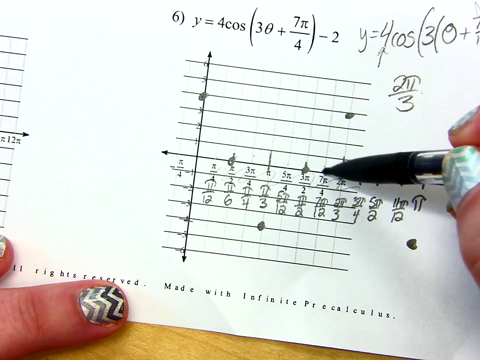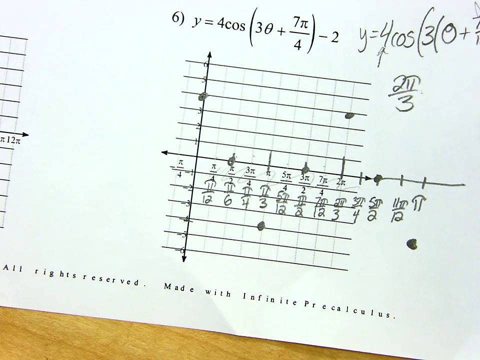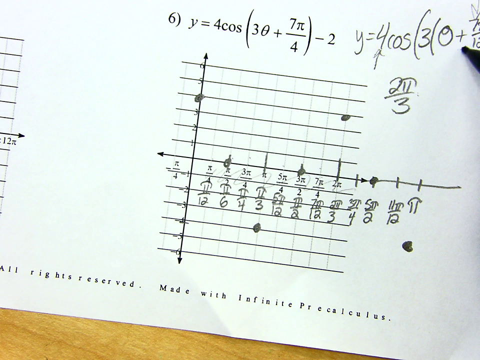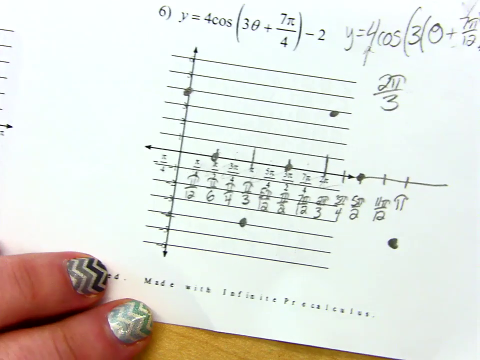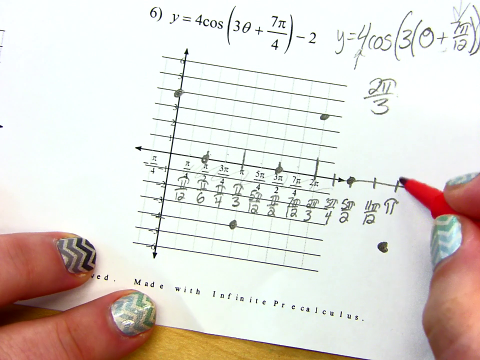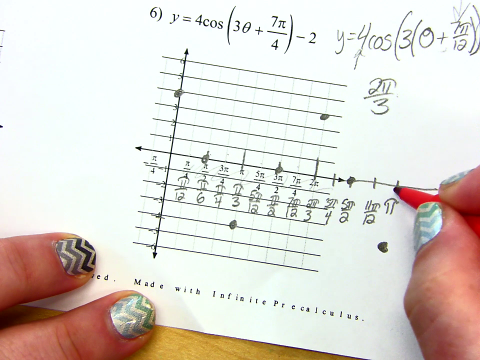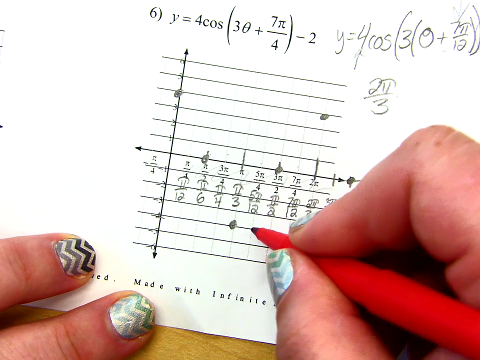Now I know I need to move each point 2 units down and 7 pi over 12, which is, oh my gosh, 1, 2, 3, 4, 5, 6, 7. 7 boxes to which way? To the right. Left. Yes. So let me move it 7 units to the left and down 2. 1, 2, 3, 4, 5, 6, 7 puts me here.